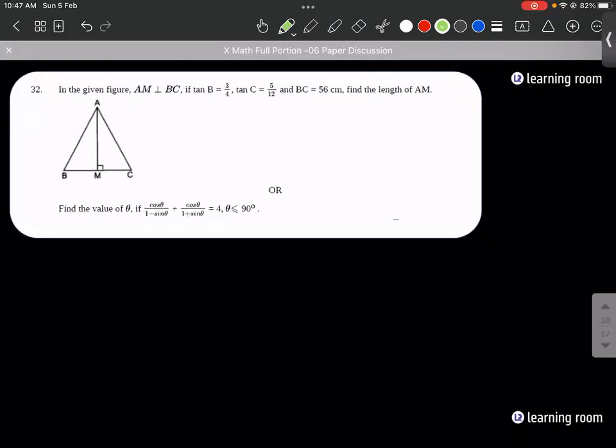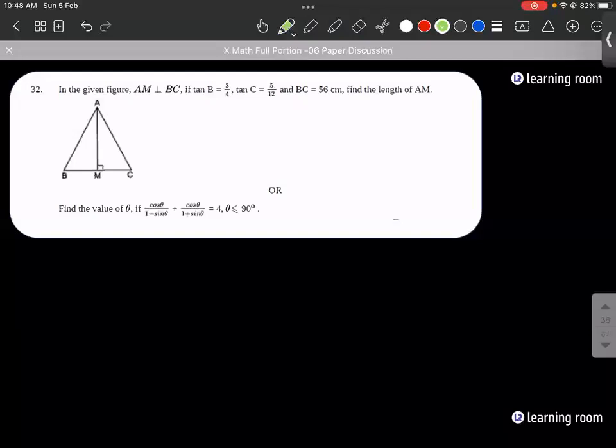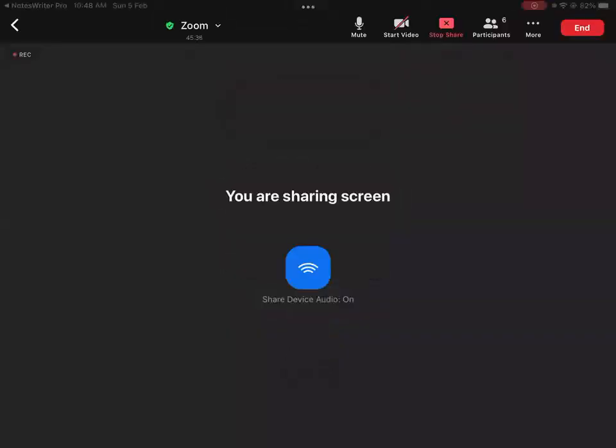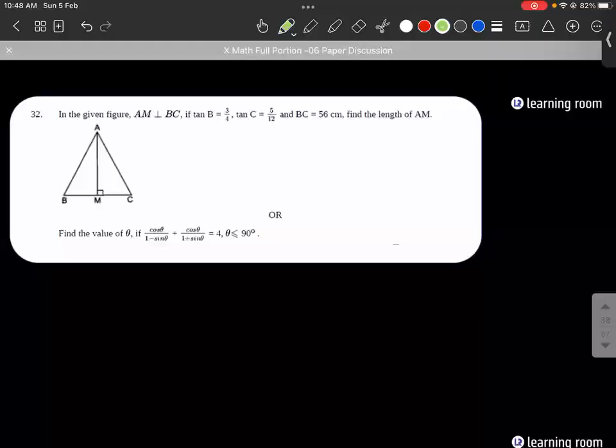So in the given figure, AM is perpendicular to BC, tan B is equal to 3 by 4. AM is perpendicular to BC, tan B is equal to 3 by 4.